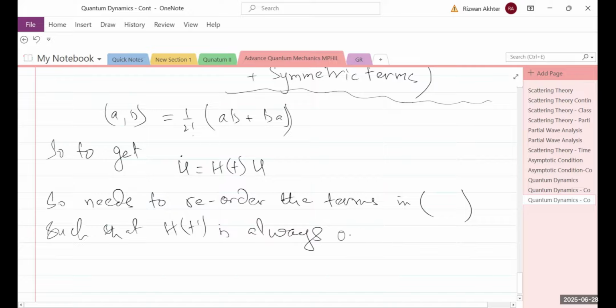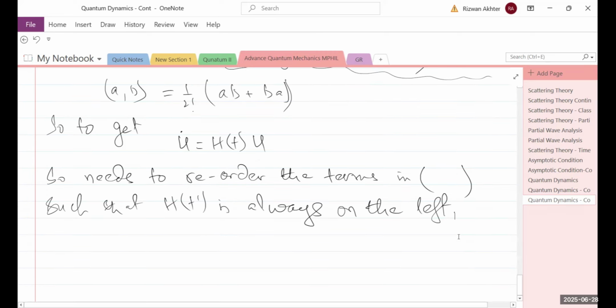Why on the left? Because this is the starting point, the lowest time on the left. So we go from the lowest time to next time, from the next time to still the next time, and so on. So h of t prime जो है, it has to be on the left. So solution क्या होगा? We need to have some sort of time ordering, or time ordering operator.